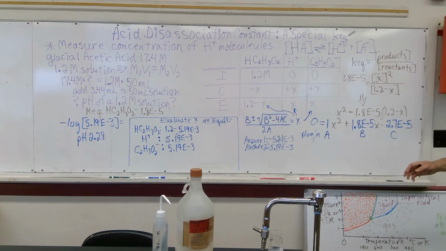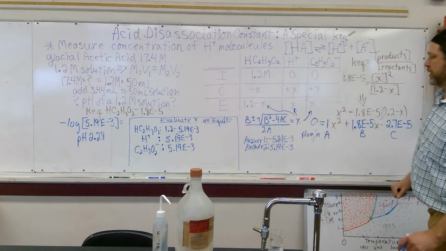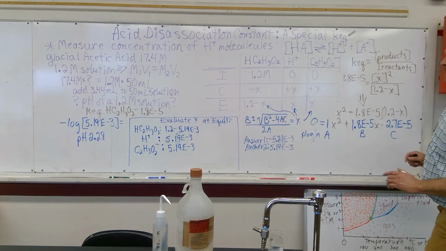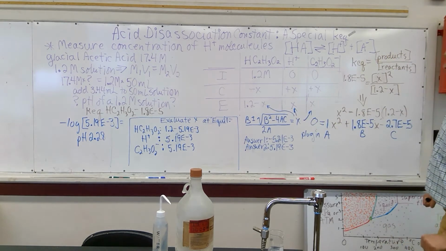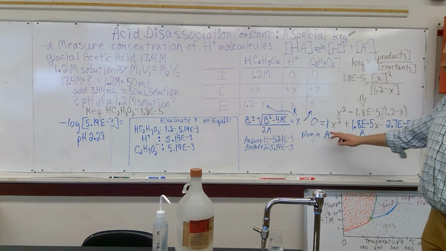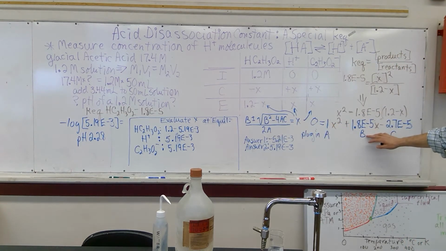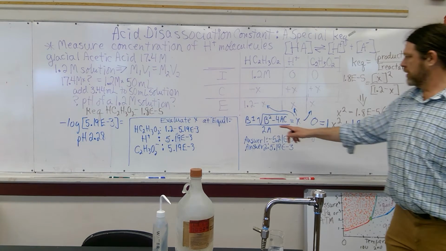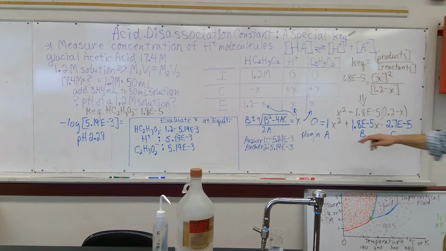So we now have our coefficients that we can use for our quadratic equation. Once we've solved for x, we can plug these in here. A is 1, and that'll go here and here. B is 1.8 e-5, and those will go into these two places. And then C, 2.7 times 10 to the -5, will go right here.